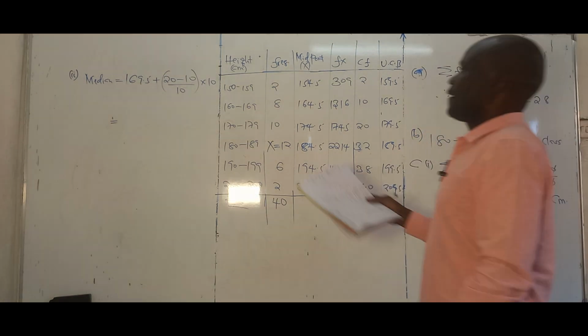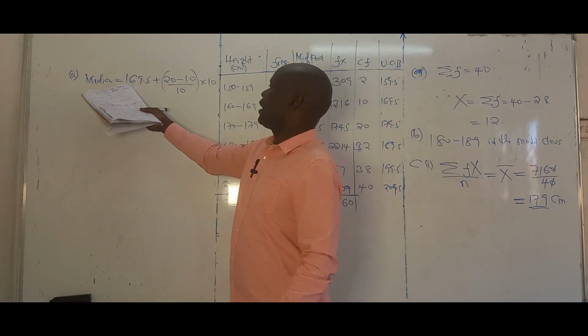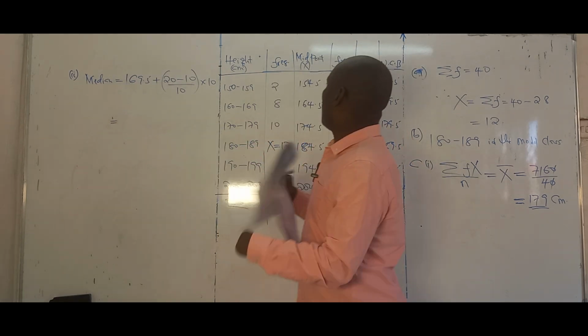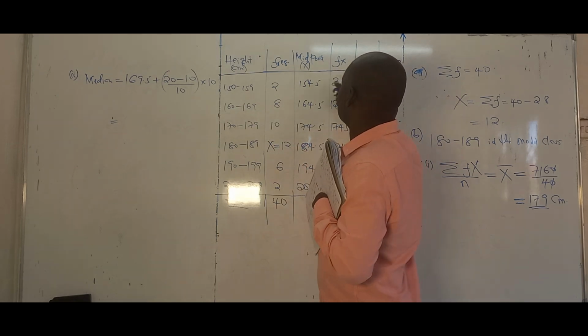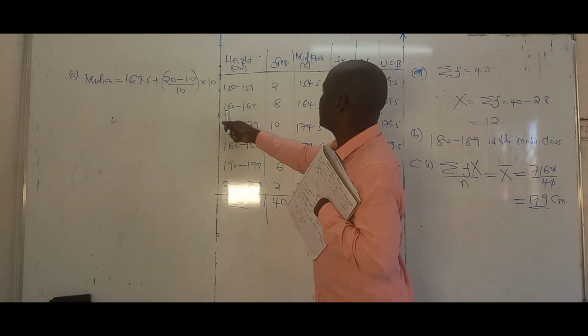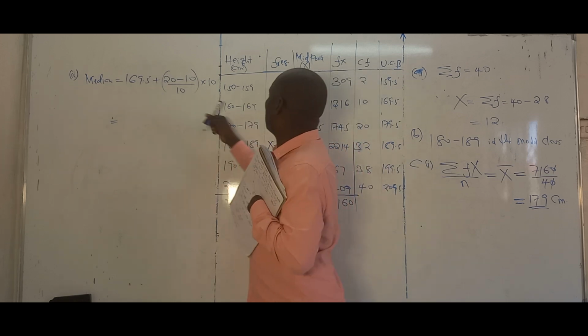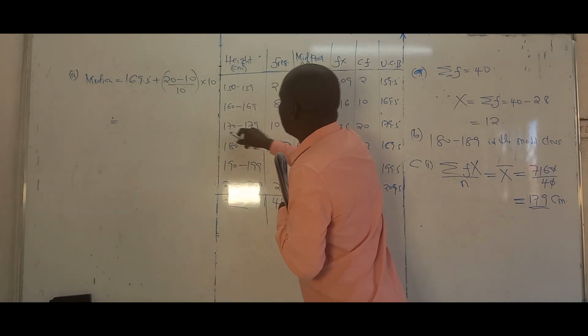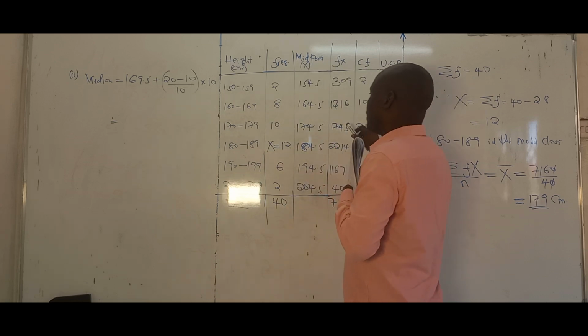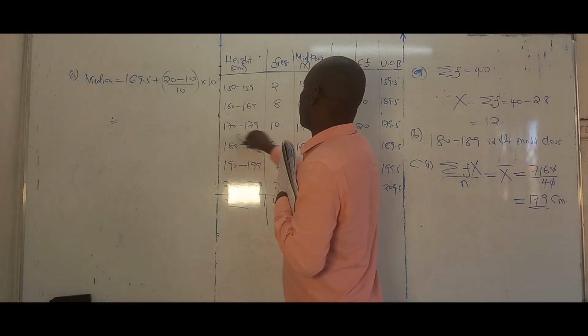What we need to do is to identify this one, which is the upper class boundary of this particular class, but it is the lower class boundary of this class which contains the median.